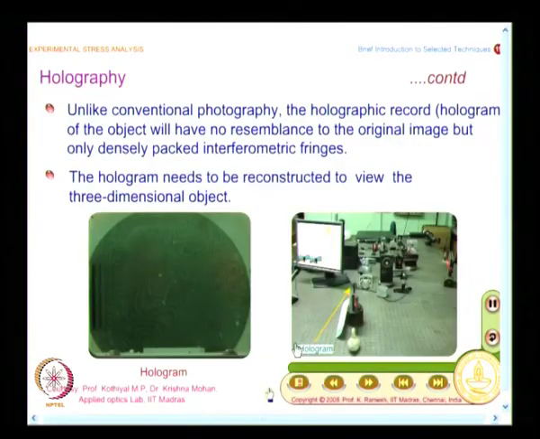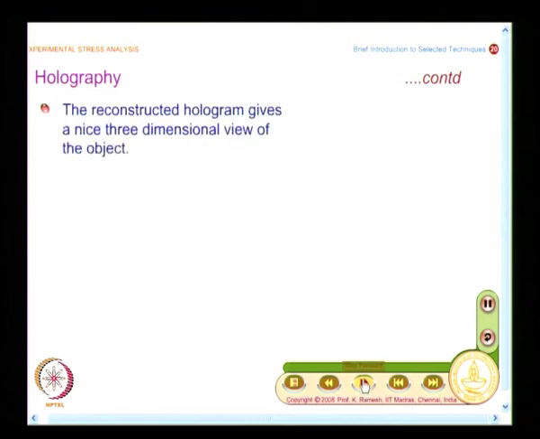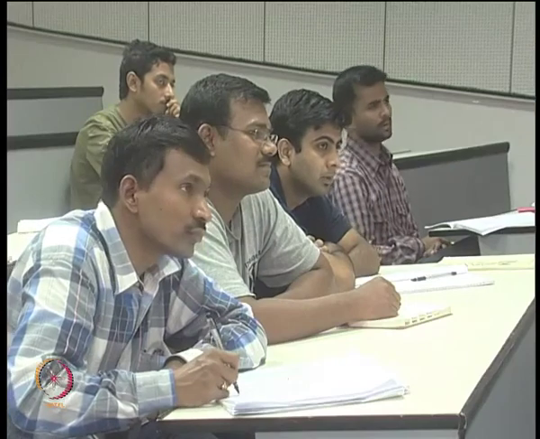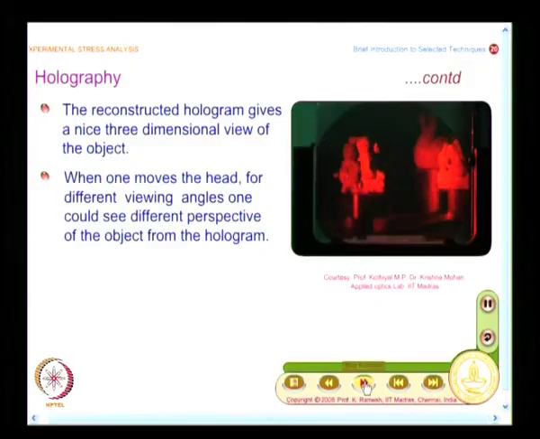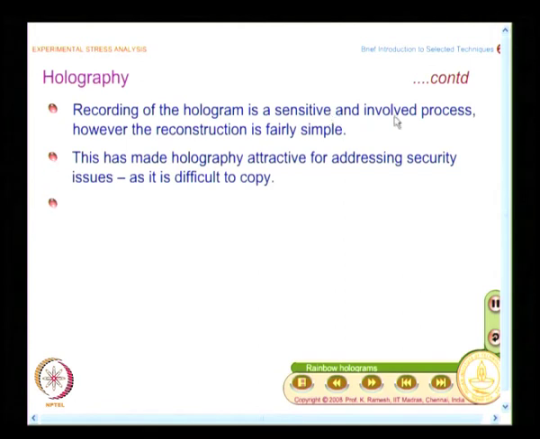What we will look at is, that is what we have seen, a reconstructed hologram gives a nice 3 dimensional view. Now what we want to see is, recording the hologram is a sensitive and involved process.